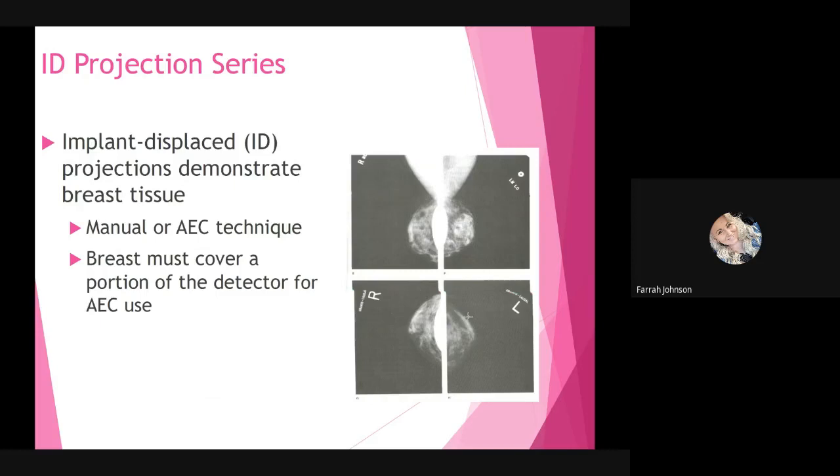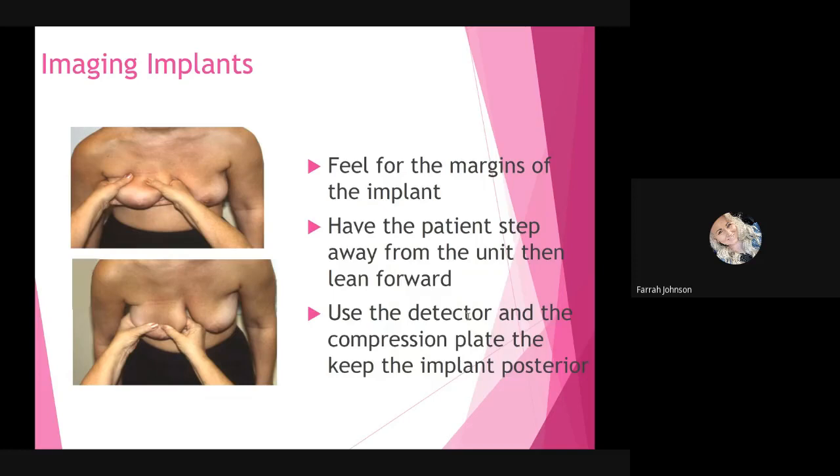For these ones, you can use either a manual or AEC technique, and you want to make sure that the breast covers the portion of the detector when you're using AEC. When you're imaging implants, you want to feel for the margins of the implant. You want to have the patient step away from the unit and then lean forward. You're going to use the detector and the compression plate to keep the implant posteriorly.